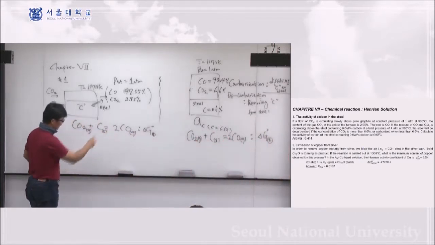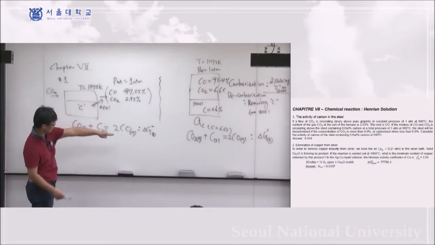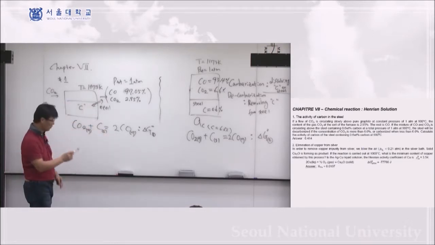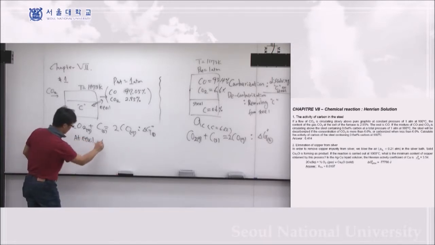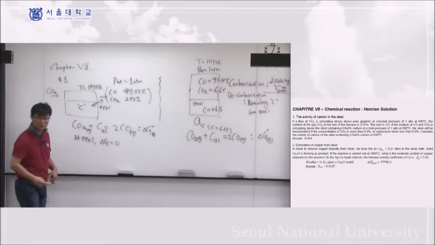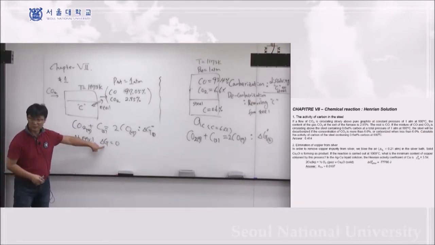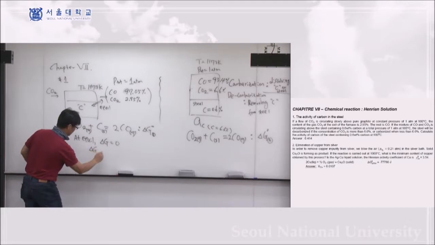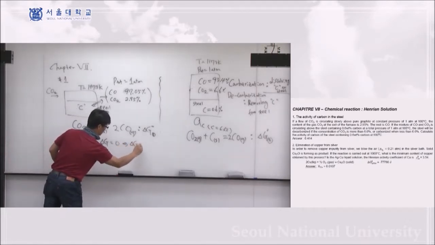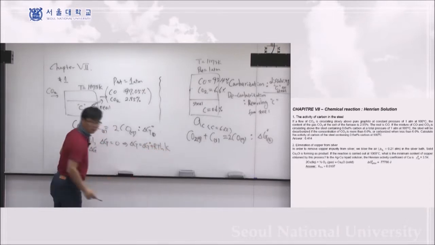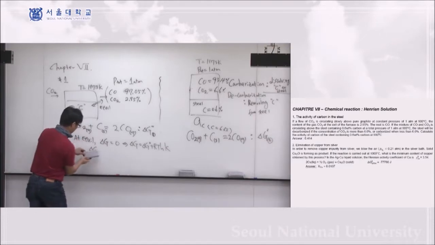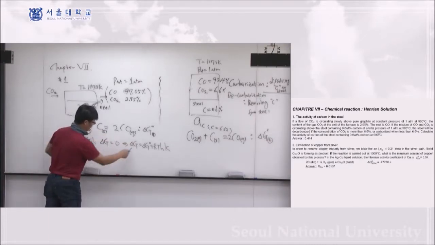So if you look at this one, delta G naught 1, let's look at this condition and find out what delta G naught 1 is. At the equilibrium state, my delta G equal to 0. So I'm talking about delta G in this case. Whenever you have an equilibrium condition, delta G is 0, not delta G naught. Then delta G equal to delta G naught plus RT ln K at equilibrium, and this delta G equal to 0.